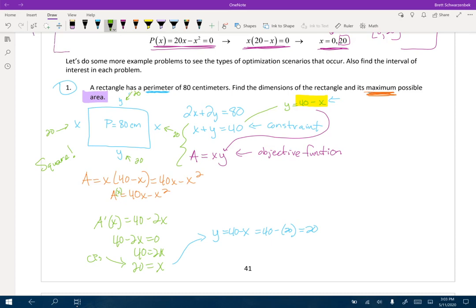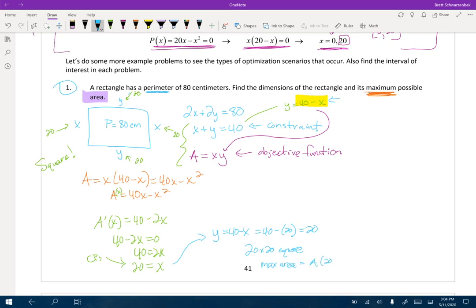Okay, so once I get these values, so I have this as basically a 20 by 20 square, I need to know what that actual maximized area is. So max area is going to be equal to basically A of 20.